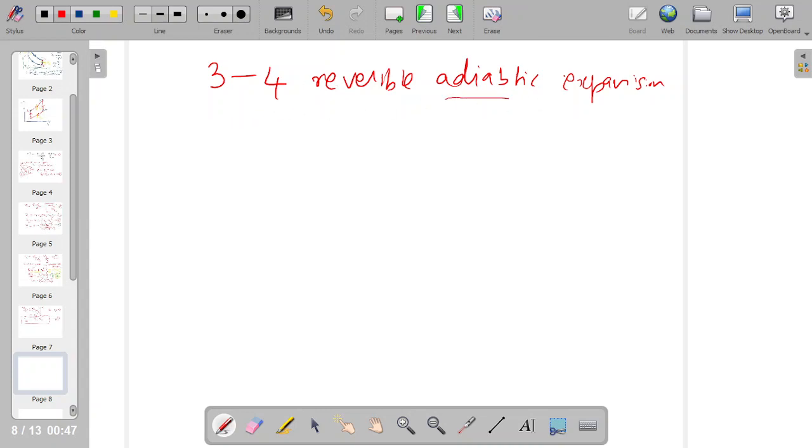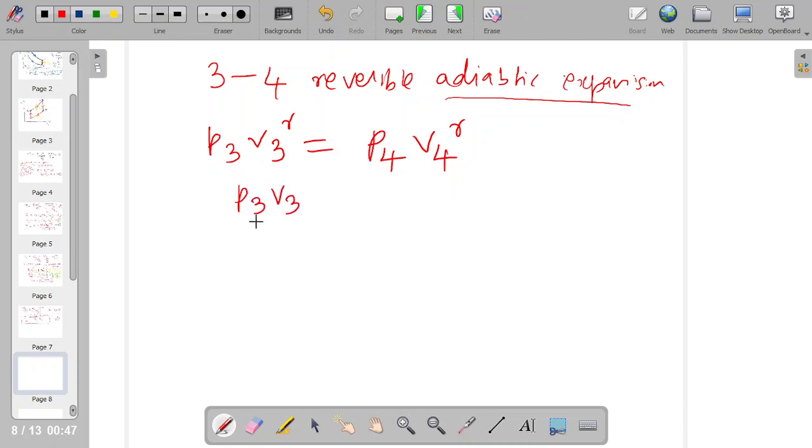It is an adiabatic process, so we have P3 V3 raised to gamma equals P4 V4 raised to gamma. That is one expression. Another one is the ideal gas equation, P3 V3 by T3 equals P4 V4 by T4. Now somehow we have to eliminate pressure just like the previous way.